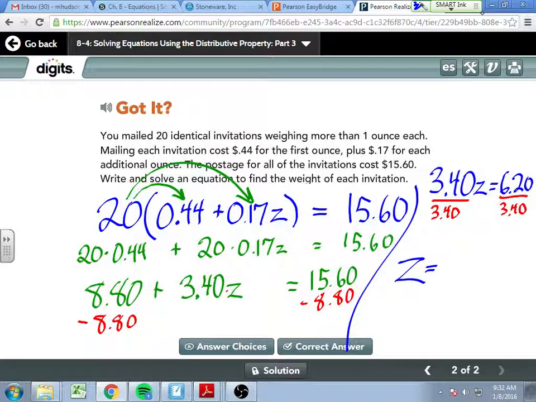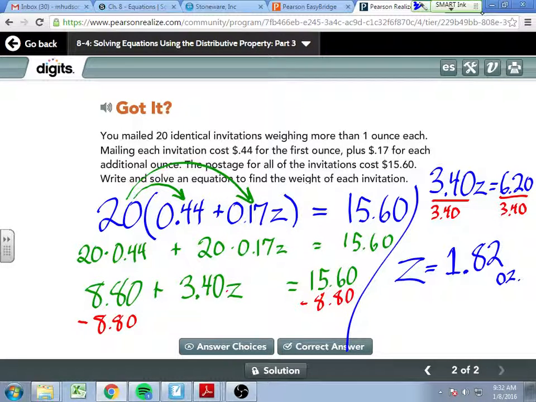Anyone got it for me yet? It's going to be over 1, but less than 2. 1.82. Now, that's my extra ounces. So what does that mean each invitation weighs? If that's my extra ounces, remember the boat problem.